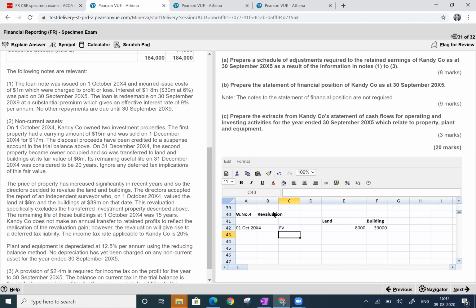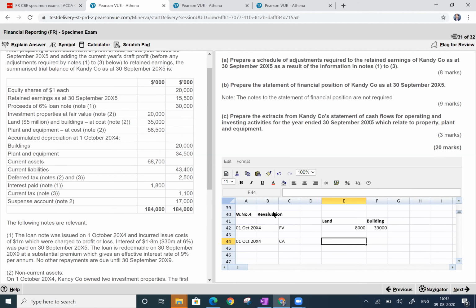Now the revaluation specifically excludes transferred property. So now we have to compare with the carrying amount as on 1st October X4 to find the revaluation surplus.